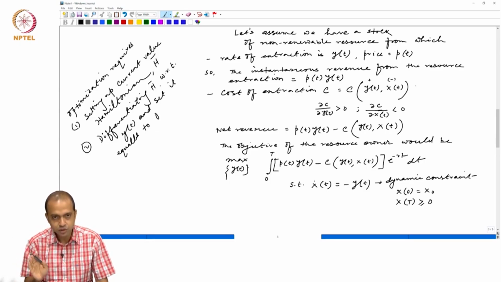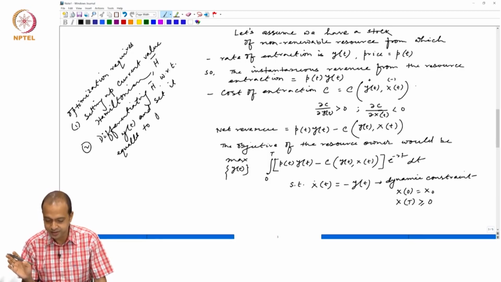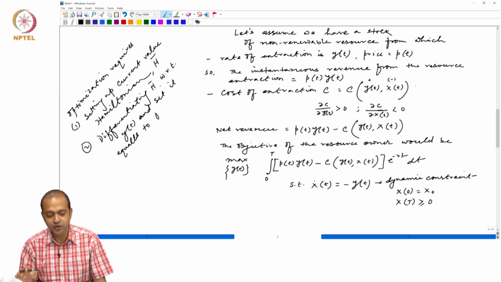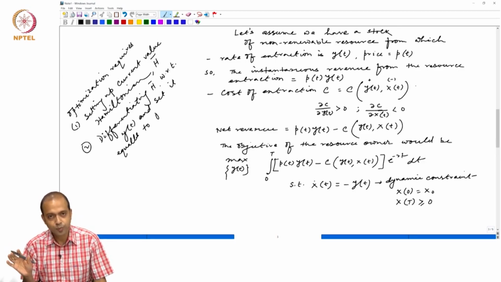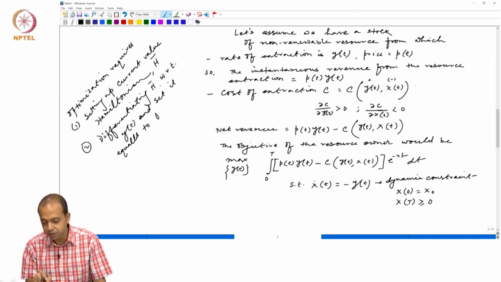We assume the cost of extraction is positively related to the rate of extraction, that is why del C del Yt is greater than 0, while del C del Xt is less than or equal to 0, and net revenue is Pt Yt minus C function of Yt and Xt. The objective of the resource owner is to maximize this benefit over a period of time, that is why integration from 0 to T of Pt Yt minus this.